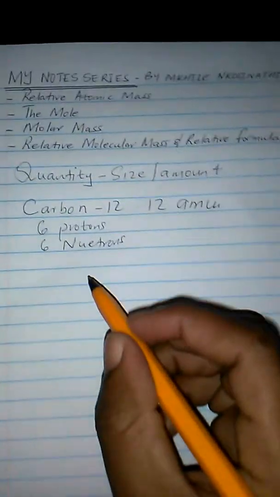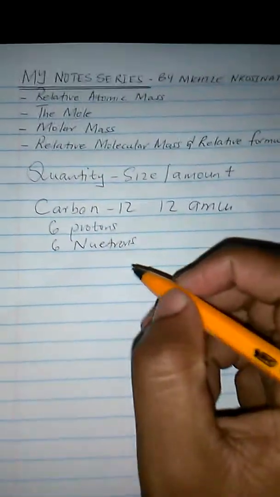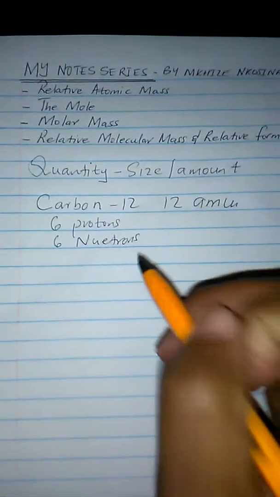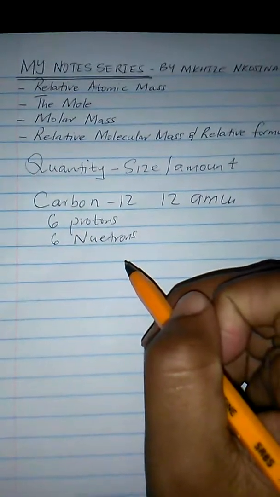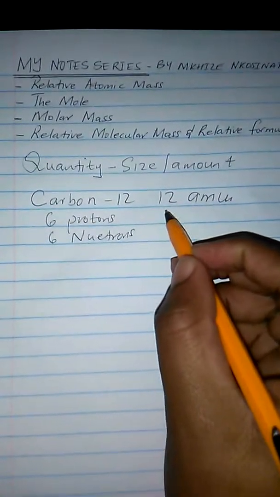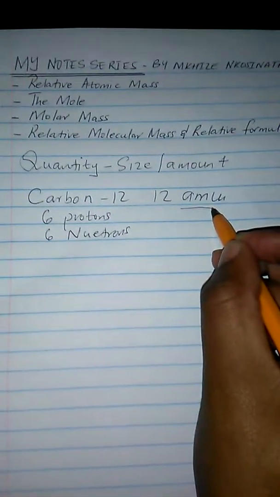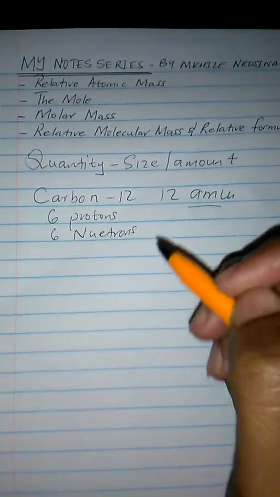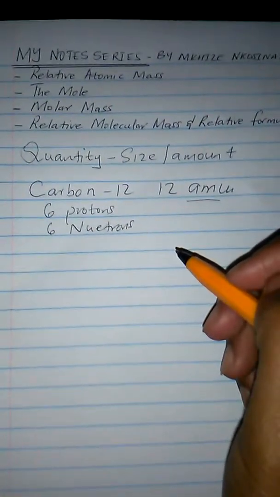So now, when they had done that, they realized that, as much as this might work out, it is not practical. So they were looking for a way to change this atomic mass unit into a unit which is more practical whenever we are doing experiments in a laboratory.